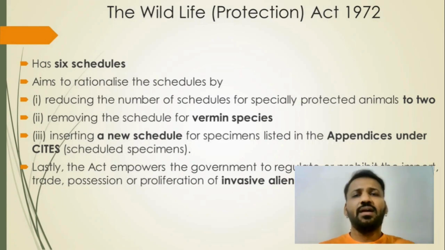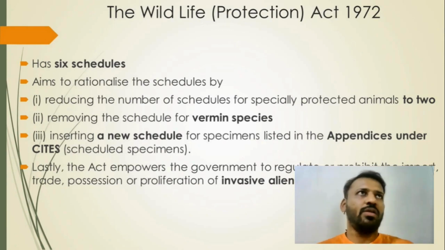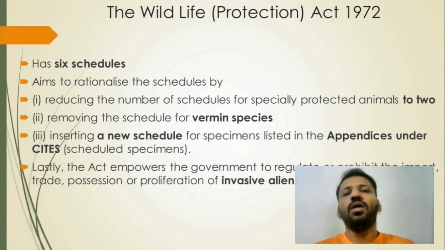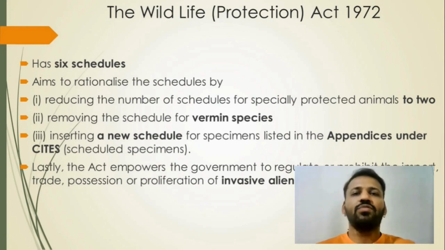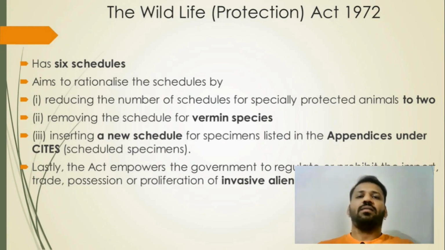It is trying to keep the protected species in two schedules. It wants to remove the vermin species. Having the vermin species is not good, since you are giving permission to kill the animals. So the government of India wanted to get rid of this vermin category, and the amendment has done away with the vermin species.